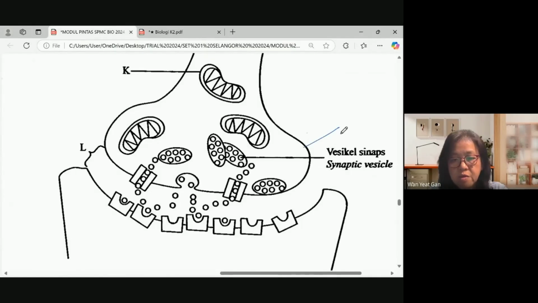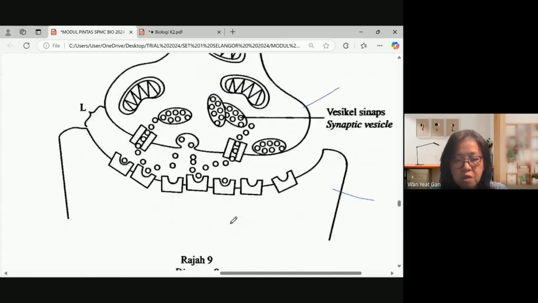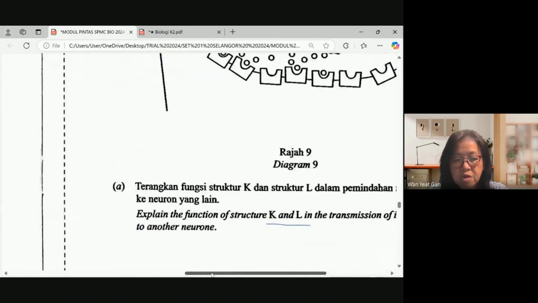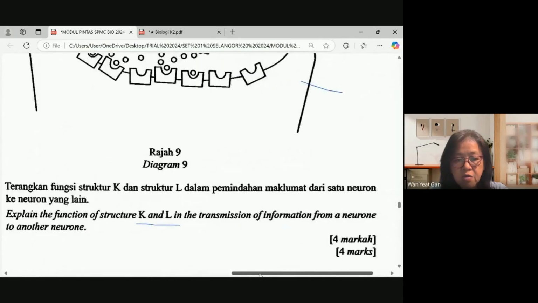There's one neuron here and this is another neuron. They show K, which is mitochondria. They also show synaptic vesicle that is secreting neurotransmitter. Explain the function of structure K and L in the transmission of information from one neuron to another neuron.